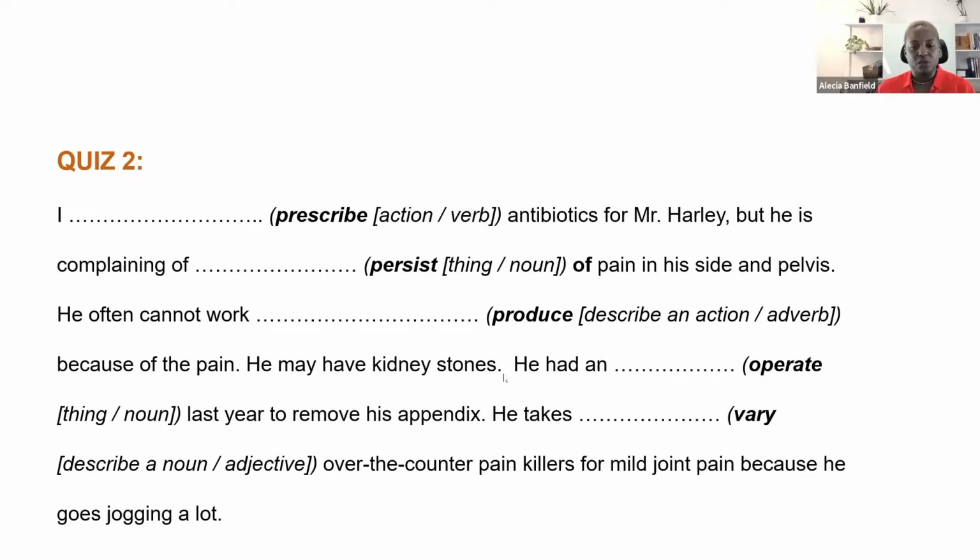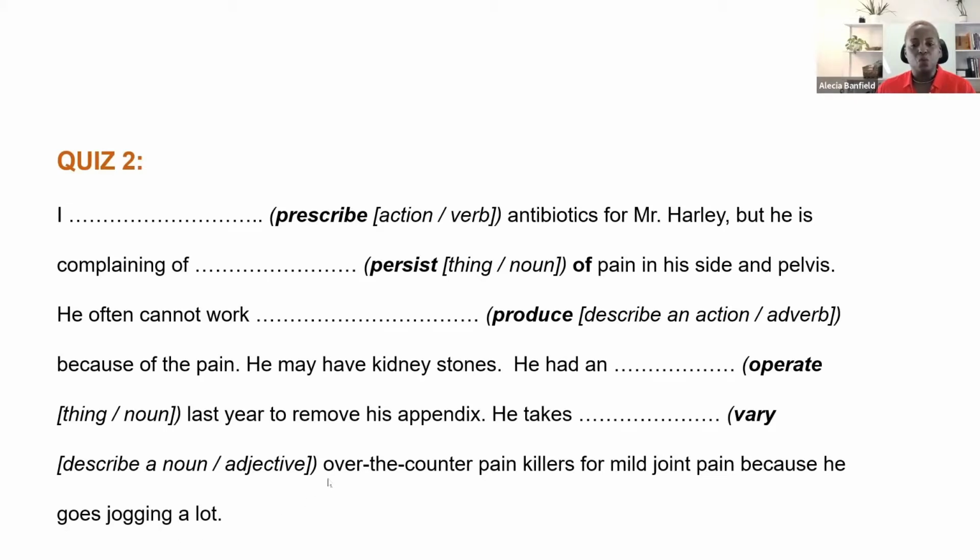He may have kidney stones. He had an last year to remove his appendix. So he had something. We're looking for a thing, a noun. What is the noun from operate? He takes over-the-counter painkillers for mild joint pain because he goes jogging a lot.